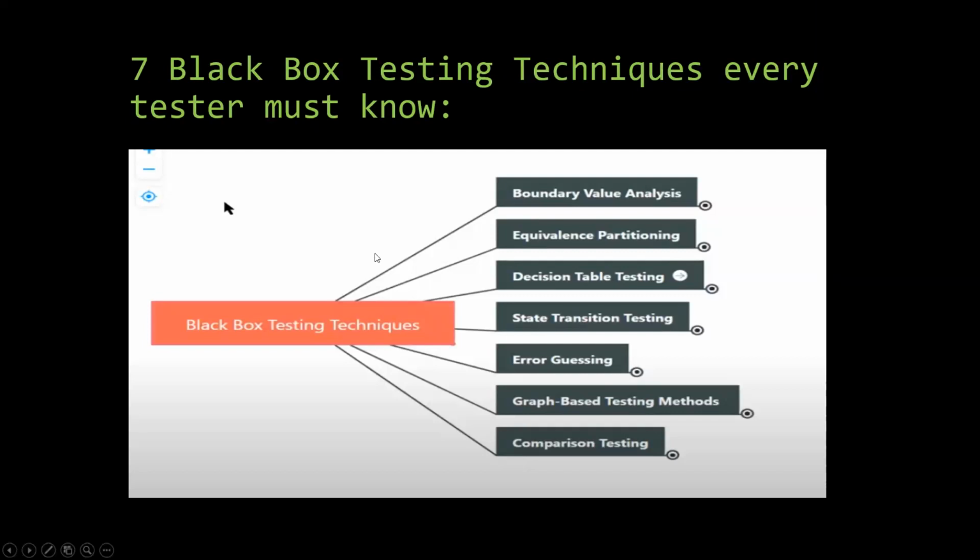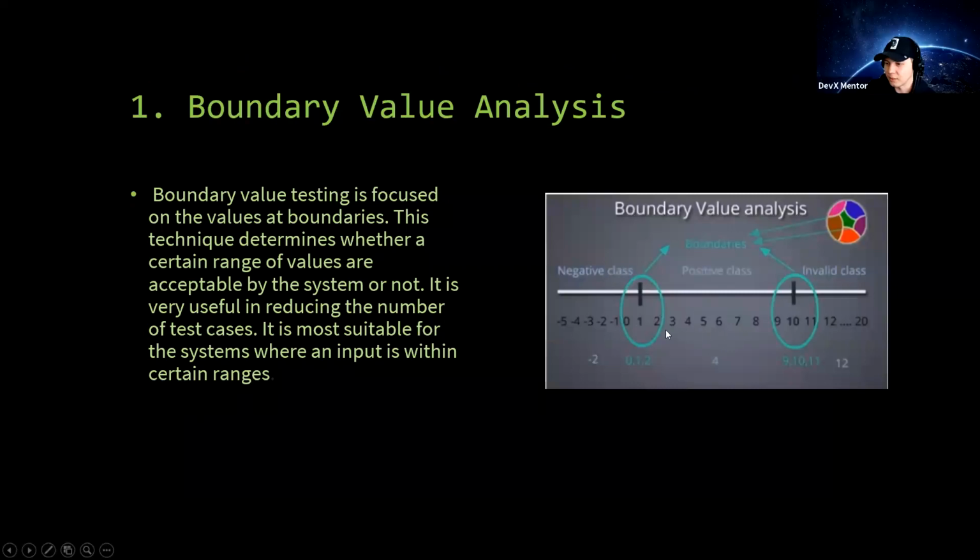It will help you. You're not going to create test cases for 5, 6, and 7, but you will create for 1, 0, 1, 2, and 9, 10, 11, and find more mistakes and bugs there. I think all of these techniques you can understand without knowing the names of them.